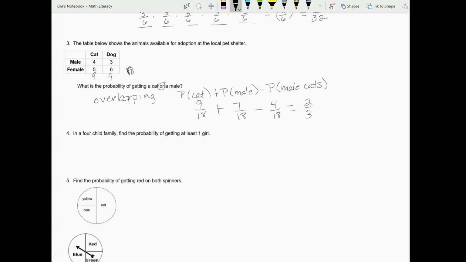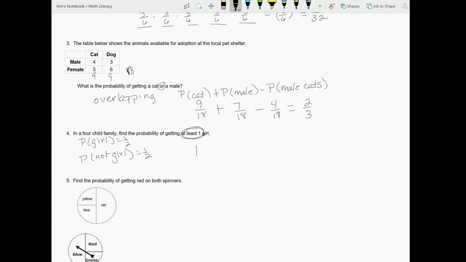In a 4-child family, find the probability of getting at least one girl. At least one, right? We have a formula for at least one. I'm going to come over here and write the probability of getting a girl is 1/2. The probability that it is not a girl is also 1/2.